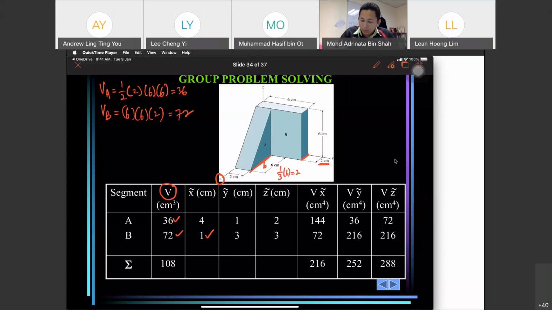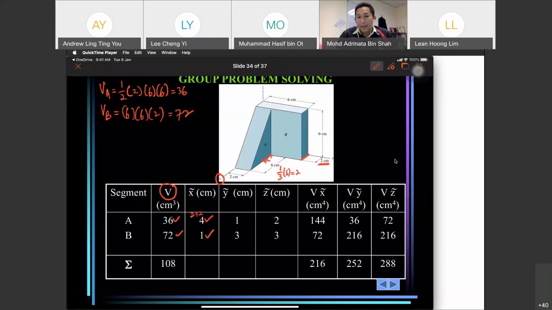So we have 2 cm here, plus 2 cm from B. So we have 4 in X direction.